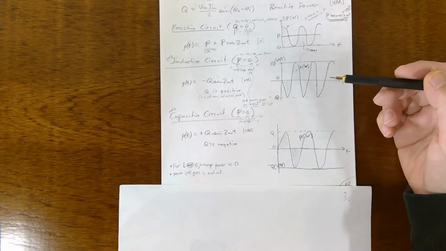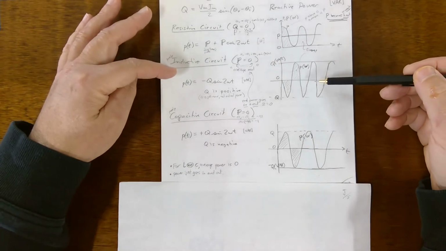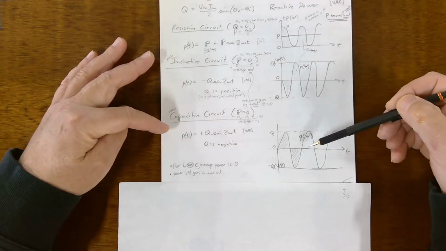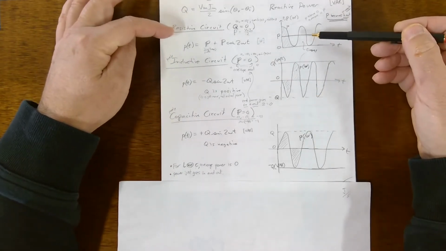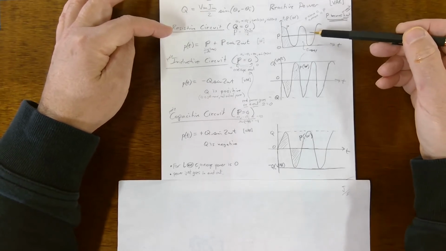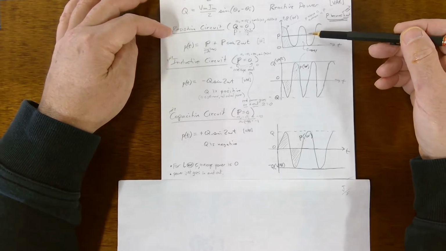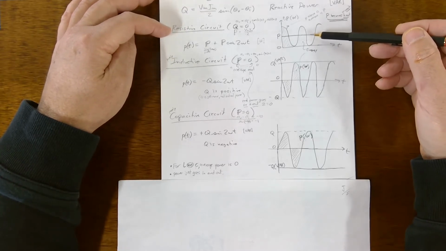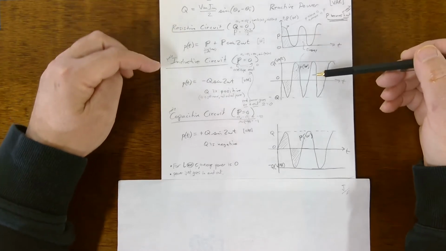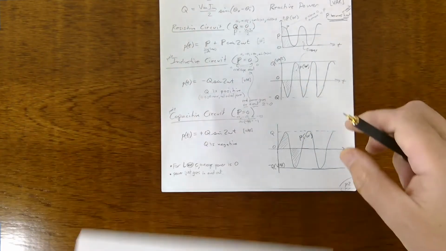In real life, there's no point in just sending power into an inductor and back, or into a capacitor and back. What you're really trying to do is have a resistive load that is converting the power into some other kind of power. But real circuits are going to have some inductive component to them.